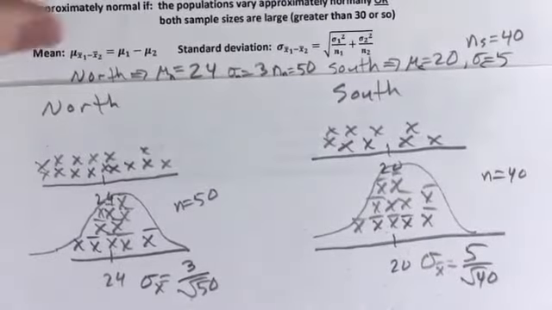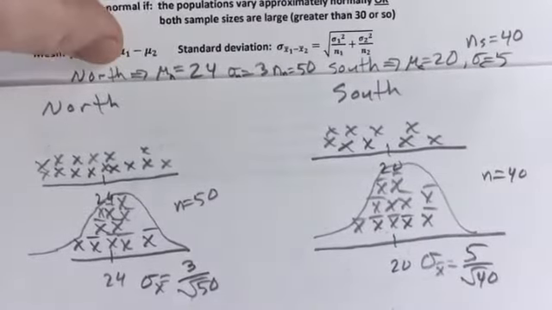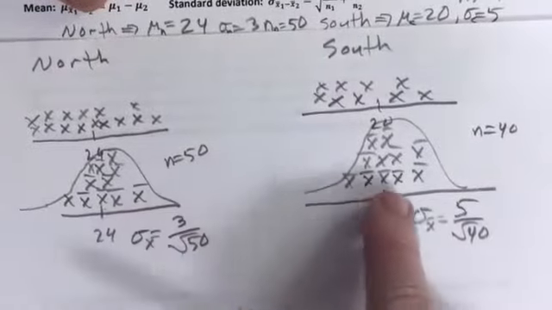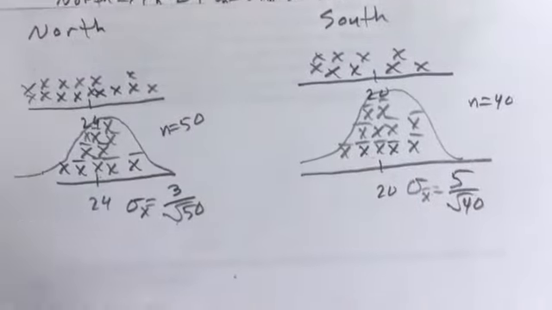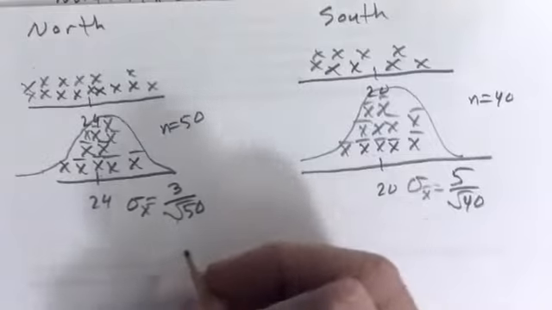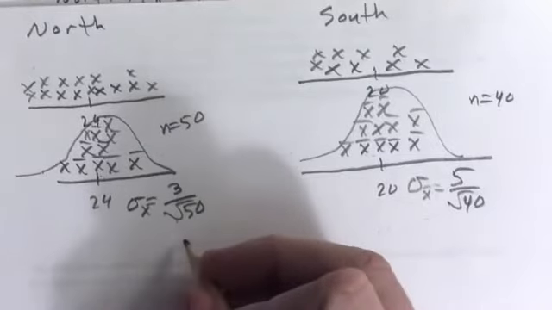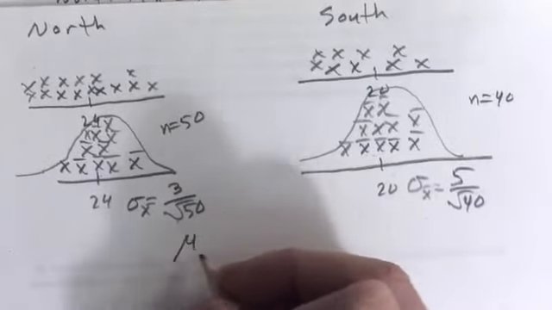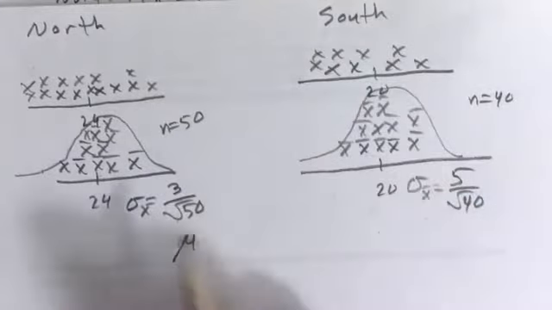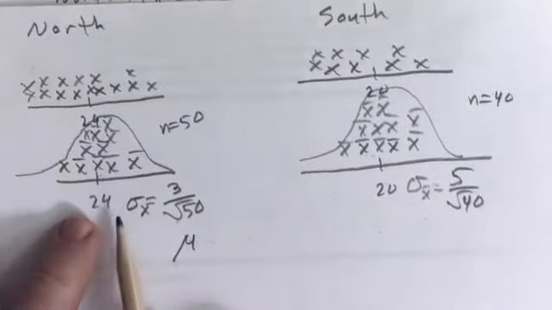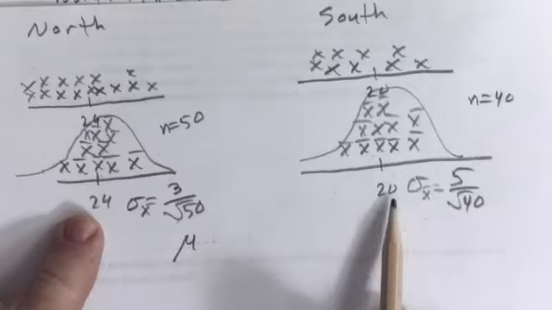Now, what we're doing in this problem is we're subtracting these two distributions in essence. If we subtract the means, it's just going to be 24 minus 20.